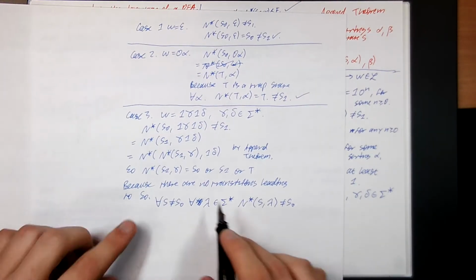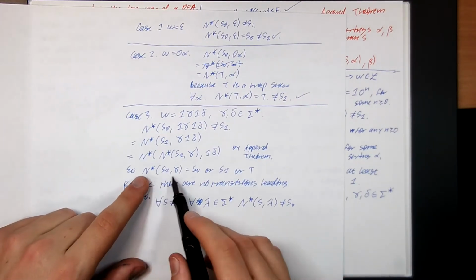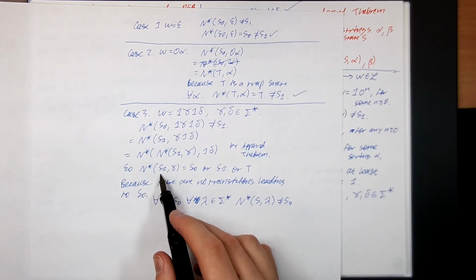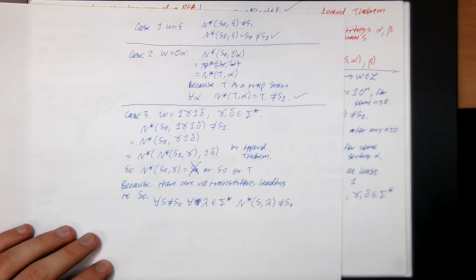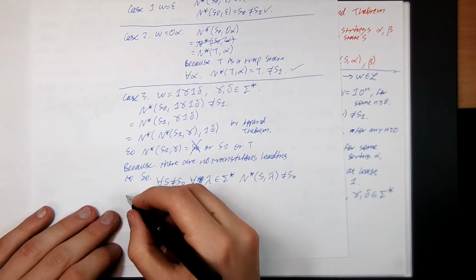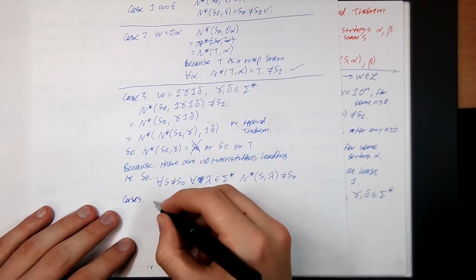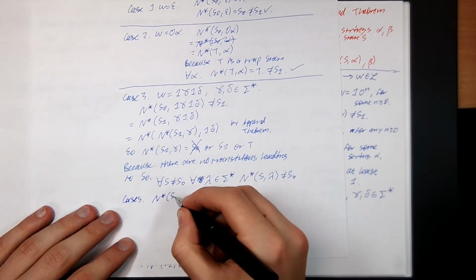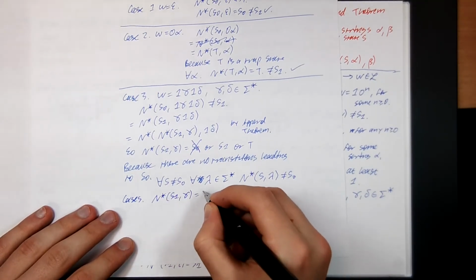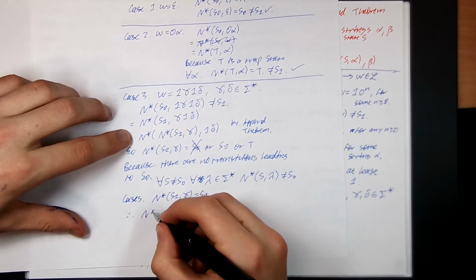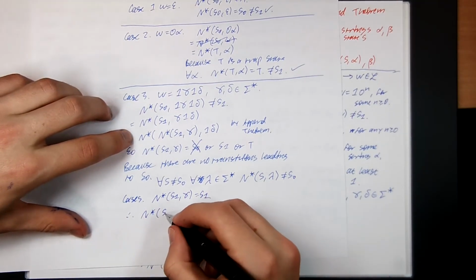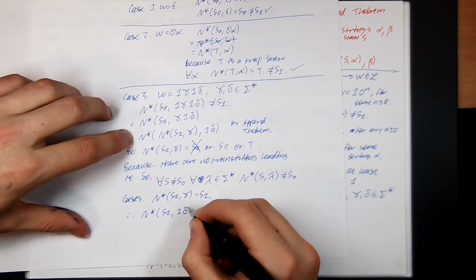Okay? So why is that useful? Well, we can use that property here. N star of S1 gamma can be one of these 3 things, but it can't be this one, right? It's going to be one of the other 2. So we'll do cases. N star S1 gamma is equal to S1. Therefore, this term here becomes S1 1 delta.